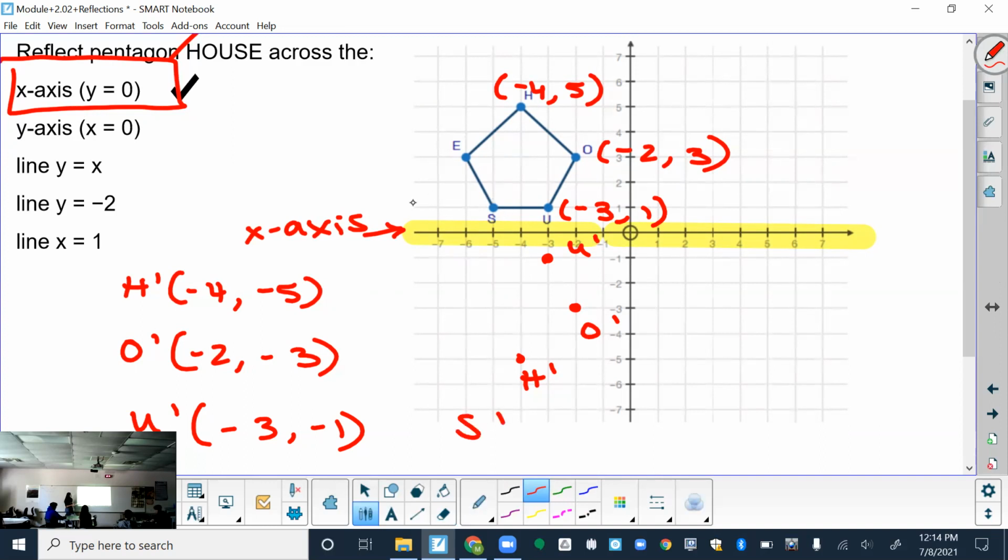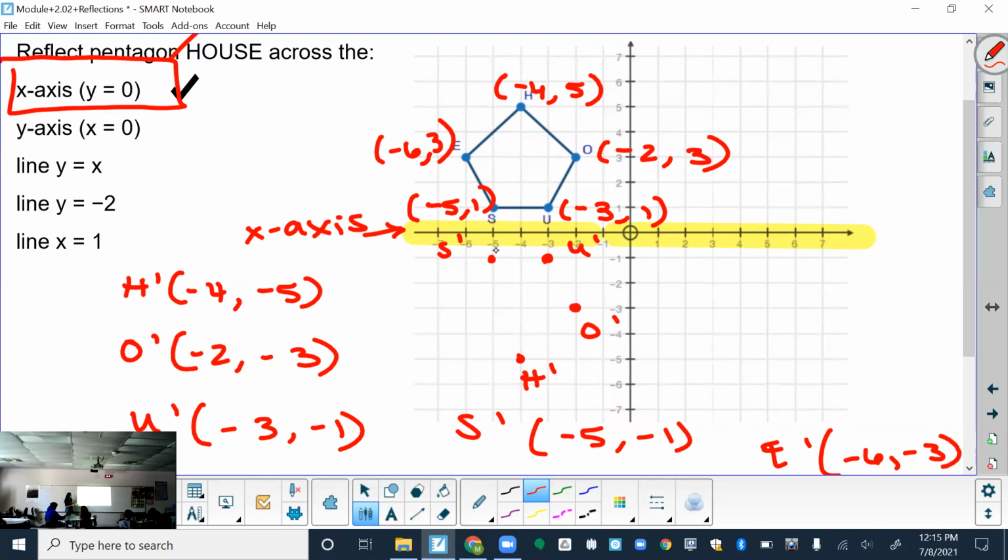What was the original S? Good, so then S prime should be good. And then E prime, well, what's the original E? -6, 3. So then E prime should be good. And then plotting that, we are down here.